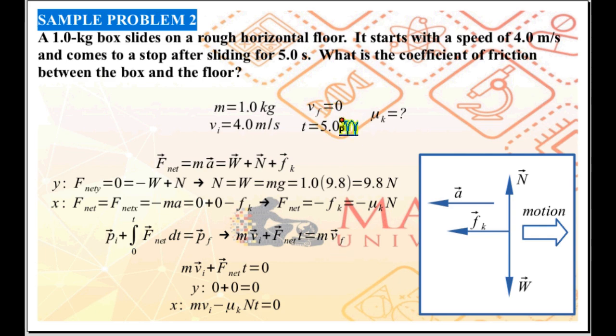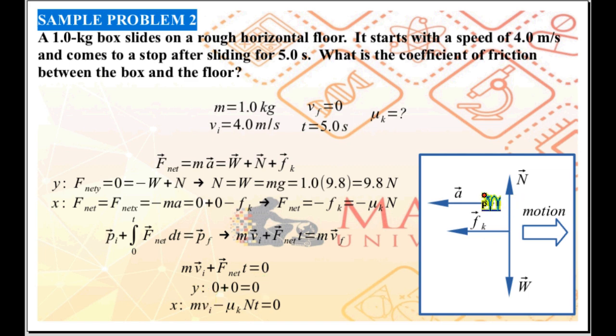Final speed is 0, therefore final velocity is 0. So m v initial plus F net t is equal to 0. This is our equation. We use component method to analyze this equation.